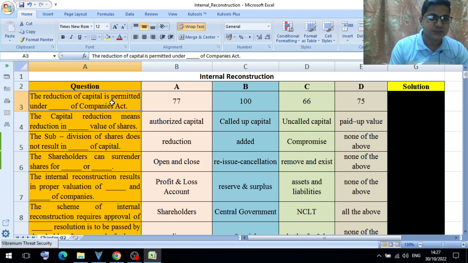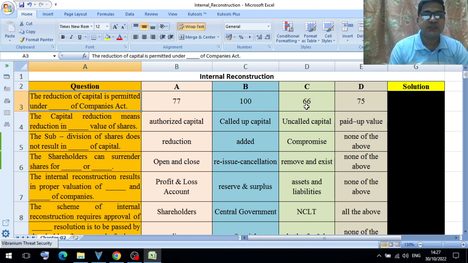Let us discuss. First question, I am reading now. The reduction of capital is permitted under dash of Companies Act. So we should write this section, for reduction of capital or internal reconstruction. Option A, section 77. Option B, section 100.